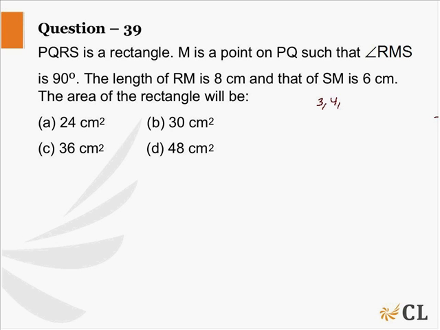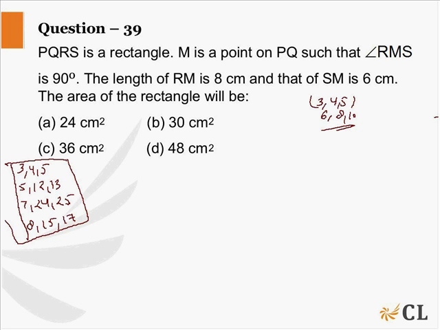Okay, so if you know the Pythagorean triplet of 3, 4, 5, 6 and 8 are the double of this. So double of this will become 6, 8, 10. That means without using Pythagoras, I can say that this SR has to be 10 only. If you know the Pythagorean triplet, you need not apply the Pythagoras theorem in any of the exams.